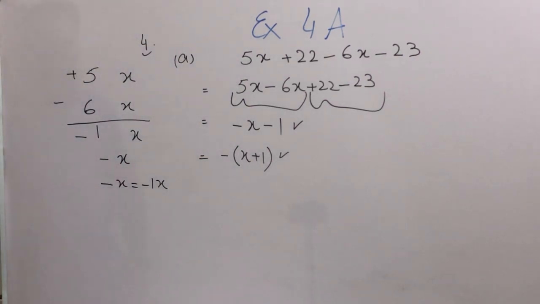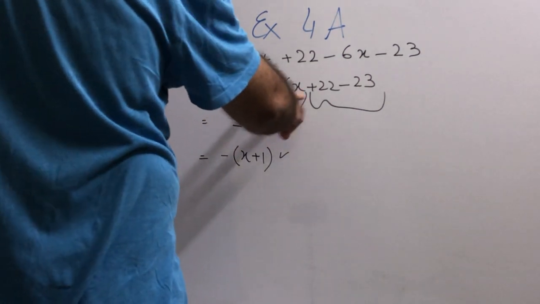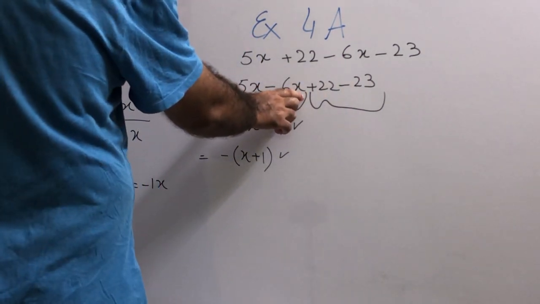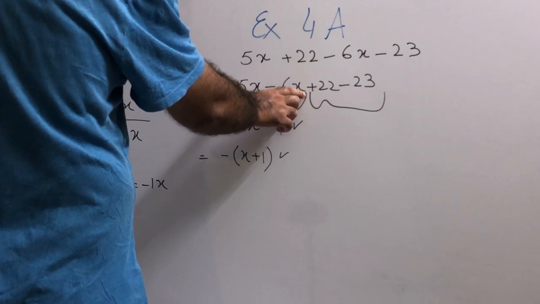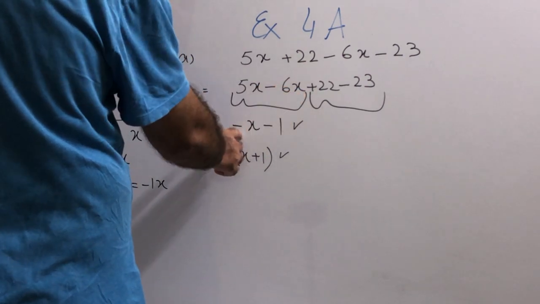So I'll recap that it was the question, simplify each of the following expressions. Expression was given 5x plus 22 minus 6x minus 23. So first step was that we brought closer the values containing x, and also we brought closer the numbers without x. Okay. After that we separately solved the values containing x. Okay, 5x minus 6x, it becomes minus x.